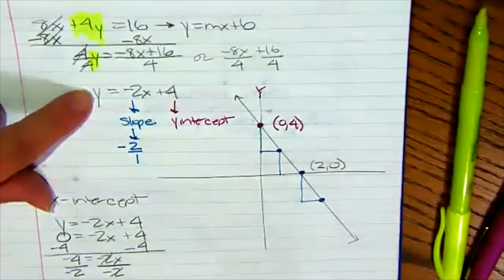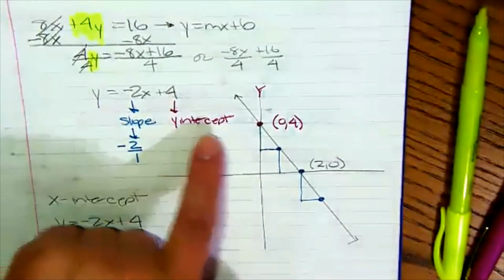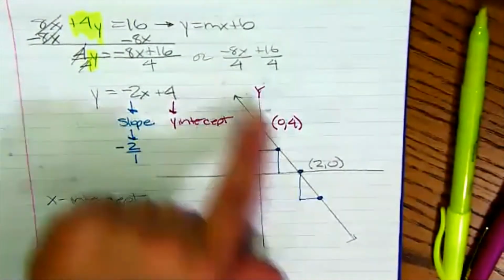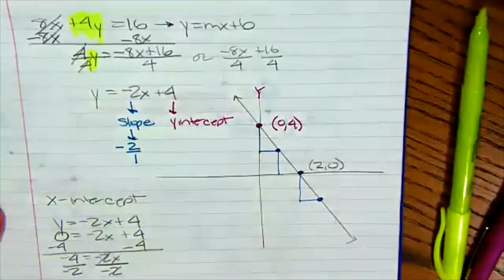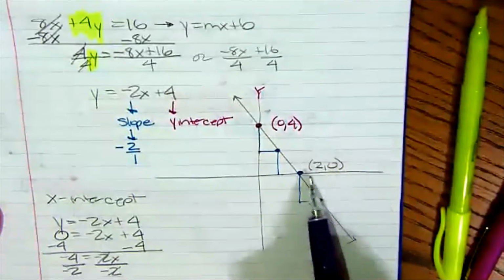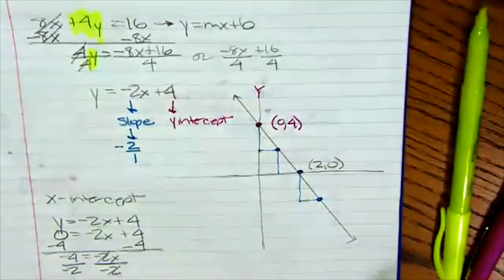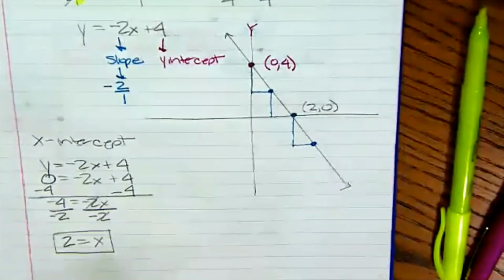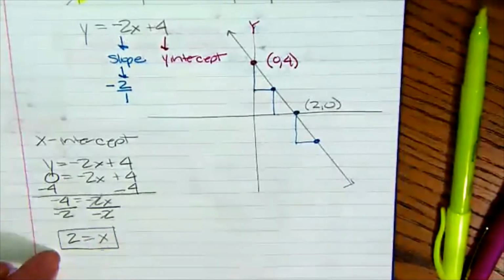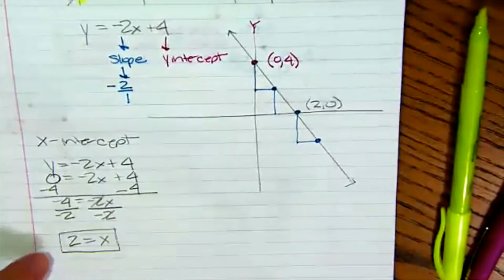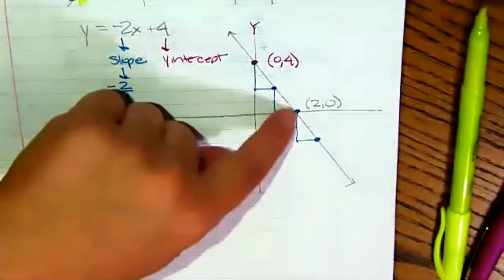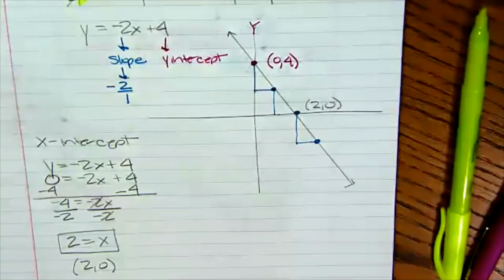Once it's in slope-intercept form, we need to find our y-intercept and then use our slope to create our line, our graph. And then where does that line cross the x-axis? That is our x-intercept. And you can always check it by setting y to 0. What is x equal to? So it creates this ordered pair, 2, 0, which is exactly what we had right there.